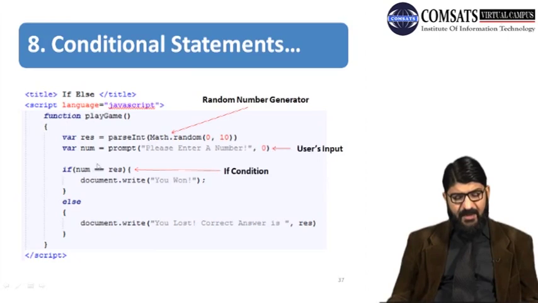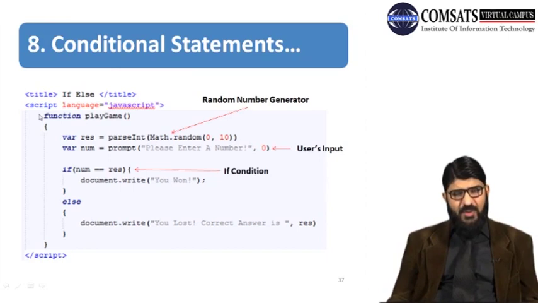And if the number that is given by the user matches the random number in res, then the if condition will be true and you will write you won, else you will write you lost. So the correct answer will be displayed in case of you lost, that is the random number that is saved in res, and then the else condition is closed, and then the function bracket is closed and the script is closed.